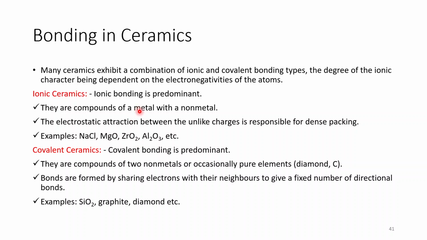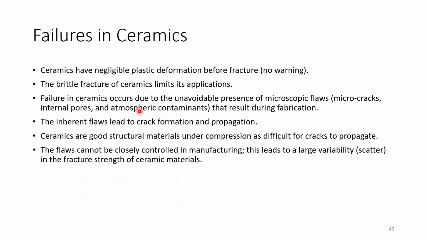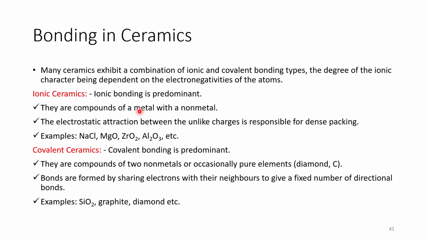Next is bonding in ceramics. Bonding in ceramics can be of two types, ionic and covalent. Many ceramics exhibit a combination of ionic and covalent bonding, the degree of ionic character being dependent on the electronegativity difference of the atoms forming the ceramic. In ionic ceramics, ionic bonding is predominant.